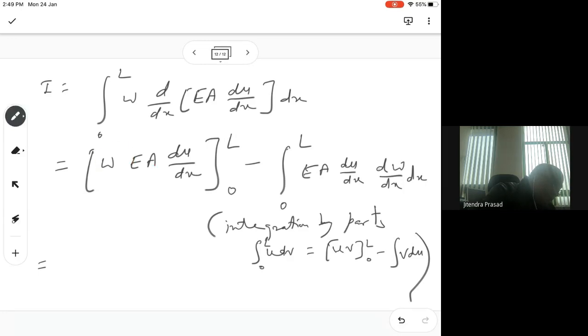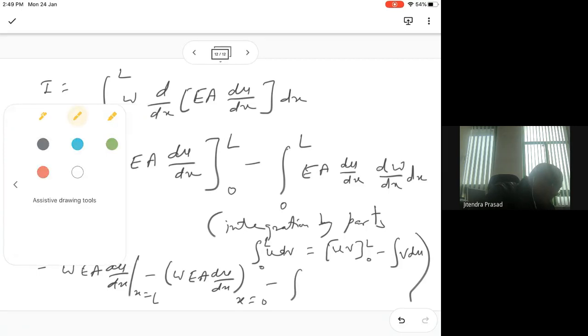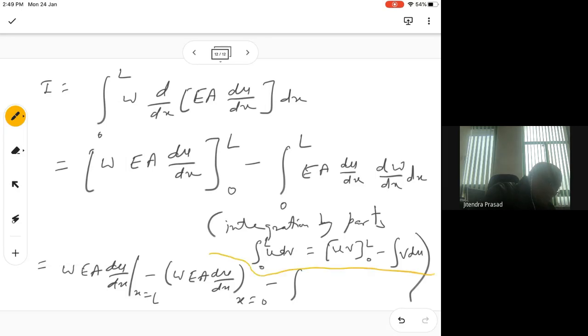W EA du over dx at x equal to L, minus W EA du over dx at x equal to 0, minus the integral from 0 to L of EA du over dx dW over dx.